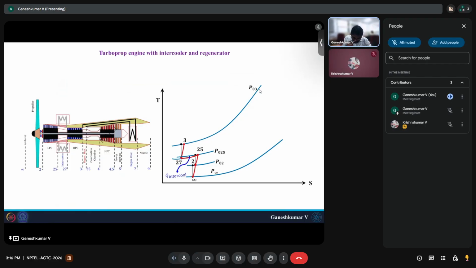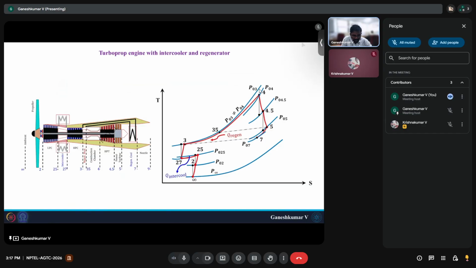And then from 3 you have regenerative heat, and then you have the combustion chamber that will reach the TT4, which is the combustion chamber exit temperature or the turbine entry temperature. From 4 to 4.5, you have the high pressure turbine, which is running the compressor from 2.7 to 3. And from 4.5 to 5, you have the power turbine. From 5 to 7, you have the regenerator, which is going to heat up the incoming air from the HPC.